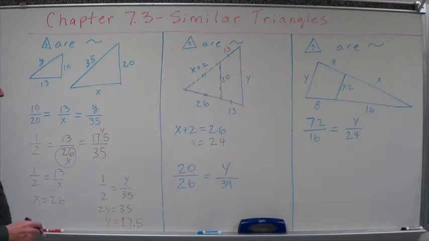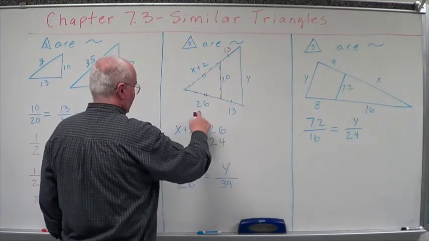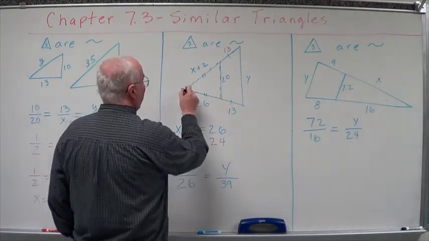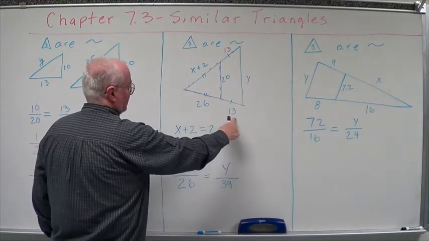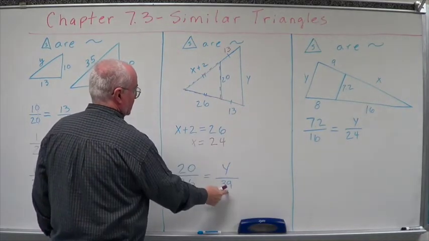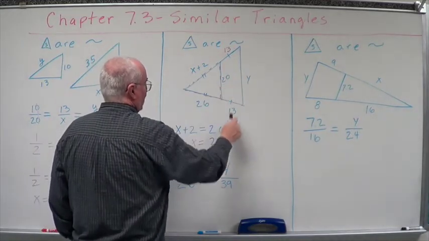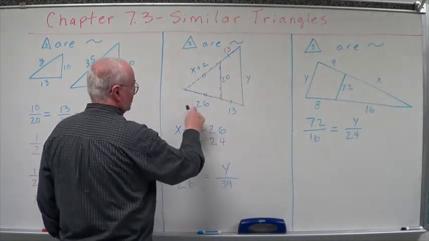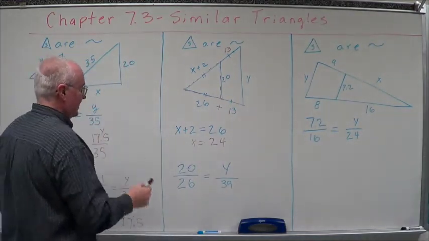Since these two triangles are similar, we know that 20, this here, is to 26 as what? 26 plus 13. Okay? Alright, this corresponding side would be y, as y is to 26 plus 13, is to 39.